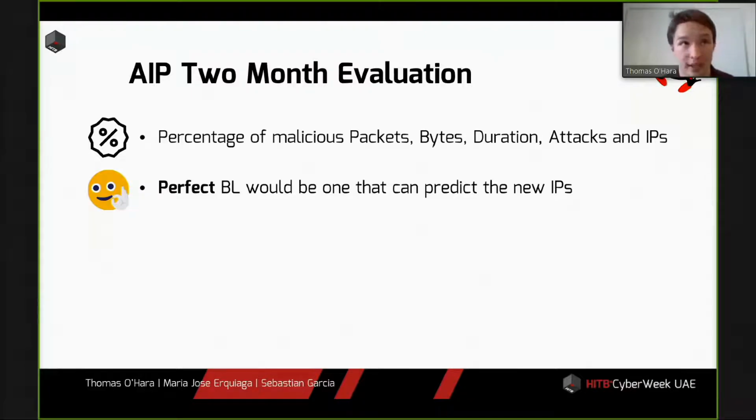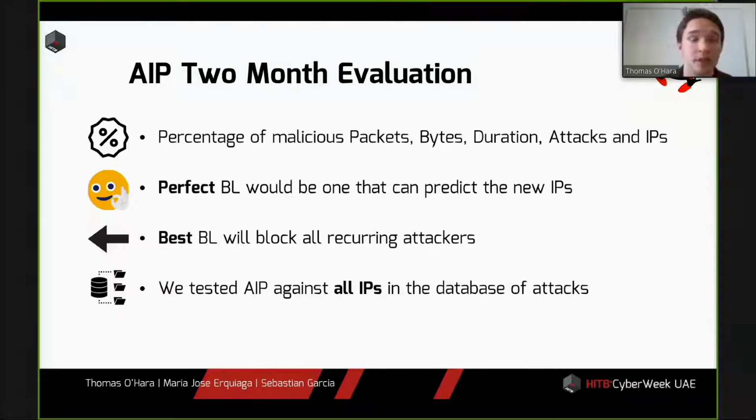It should be noted here that a perfect blacklist would be one that can predict the new IPs that are going to attack in the future. However, using current blacklisting methodologies, we can only block with good certainty IPs that have already attacked in the past. Hence the reason why blacklists are not the only form of protection available, such as that provided by antivirus software.